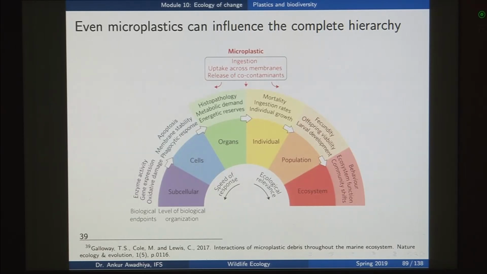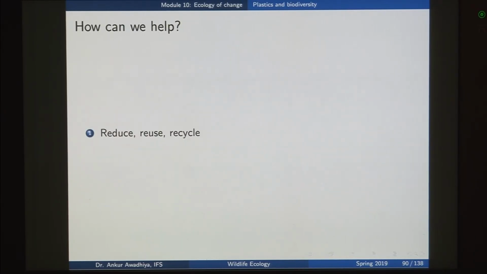Now that we know that plastics cause a deleterious impact and even microplastics cause a deleterious impact, what are the options available for us? How can we help? The first way we can help is to reduce our requirements of plastics, to reuse plastics and to recycle plastics.